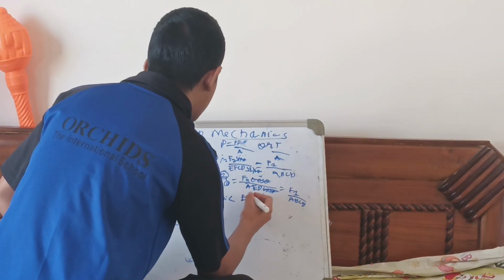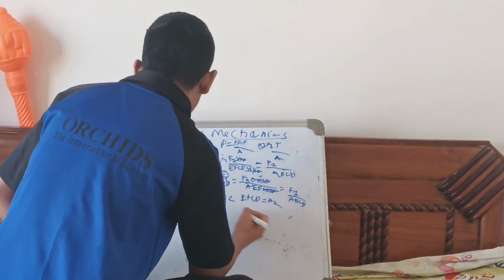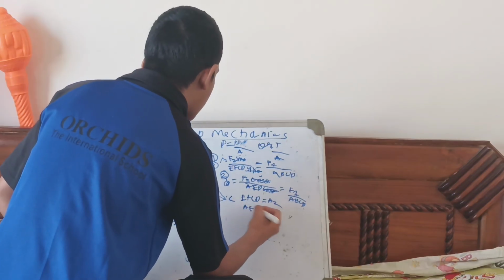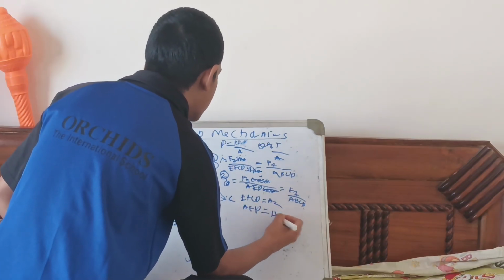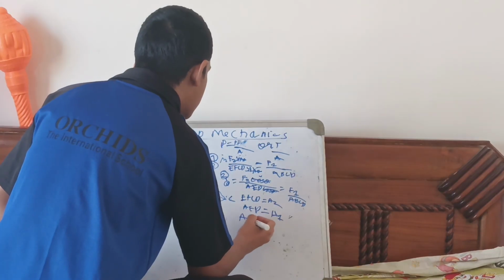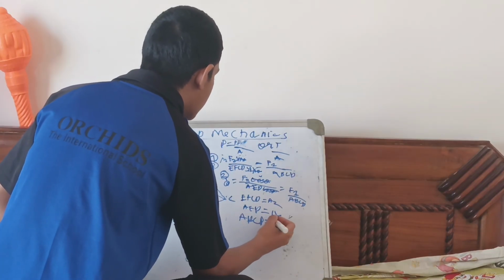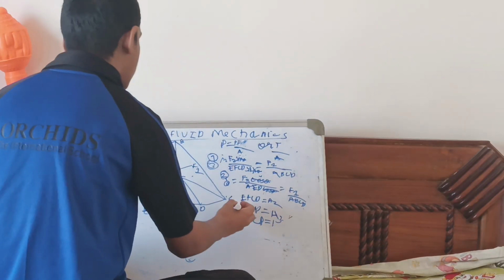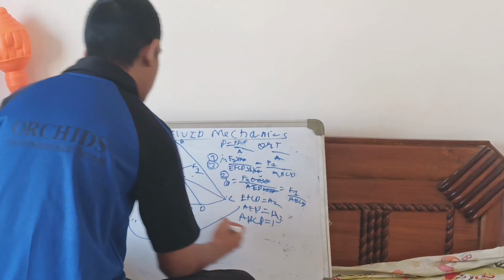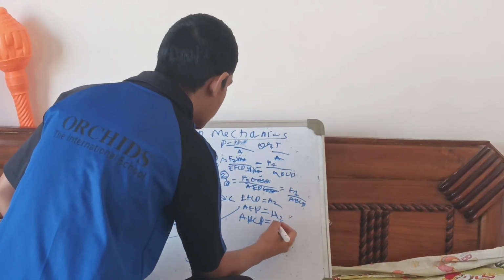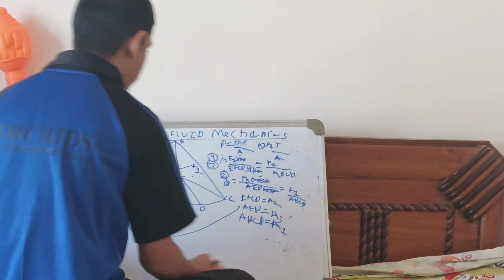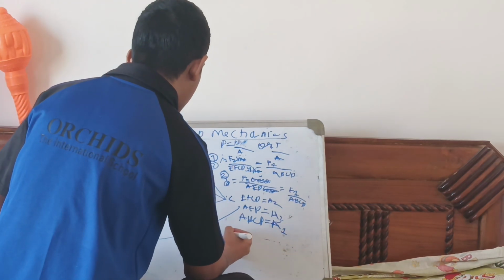Then we can write EFCD equal to A2, AED we can write as A1, and ABCD we can write as A3.